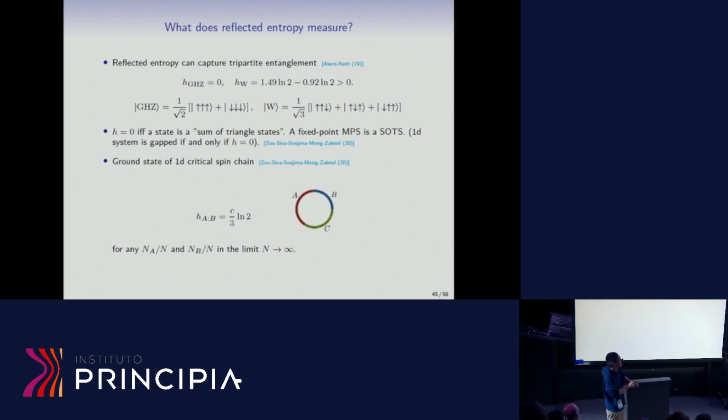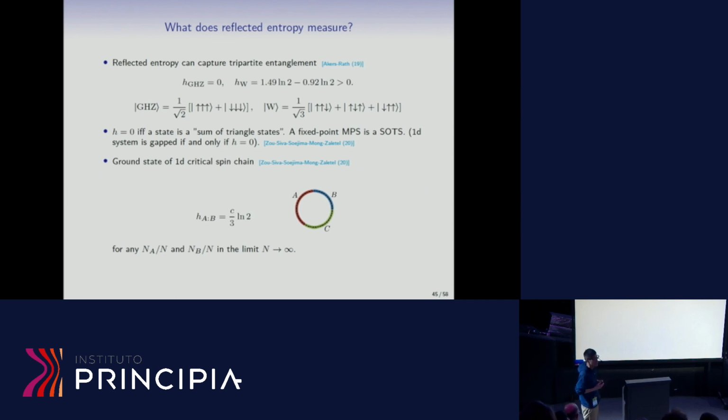Okay, so this is a nice first indication. I think this paper from the UC Berkeley group made quite a lot of progress in this direction. This paper further shows that for essentially one-dimensional gapped systems, H is 0 if and only if the state is gapped, okay?